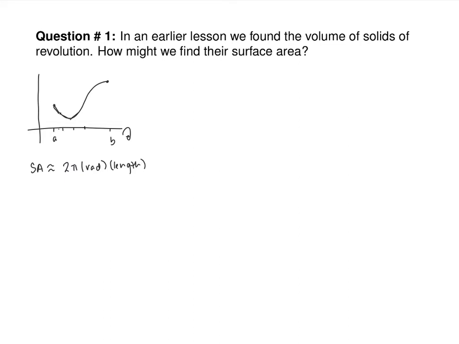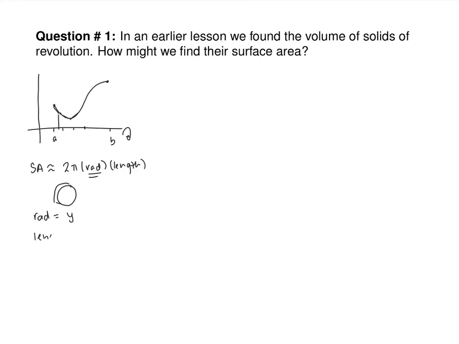You can think of it as a cylinder: the distance around is the circumference, times the little bit of length of that little cylinder. Now the radius in this case is just going to equal y.